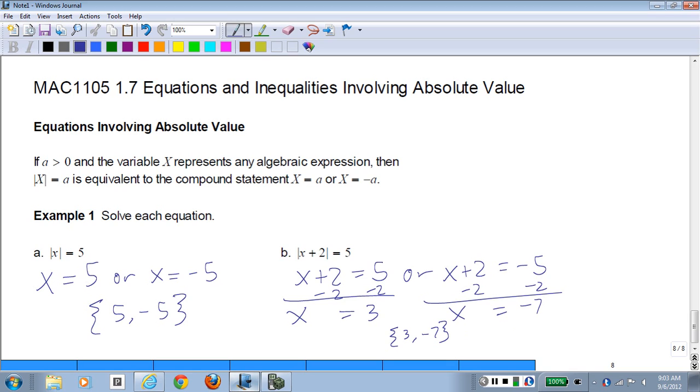All important first step though, we want to be able to rewrite this as an equivalent equation without the use of absolute value. So take what's inside, set it equal to the positive number on the right hand side. Take what's inside, set it equal to the opposite of that positive number, and that does it.